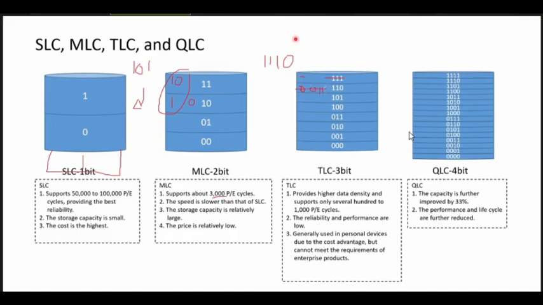You have to erase the whole thing, write back the new data, and then put the 11 at the back. So generally it takes more work, and hence you get more capacity, but fewer P&E cycles. And then you have quad level cells, which basically does more of this.